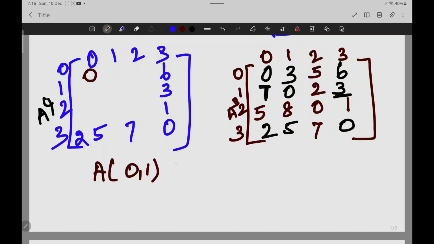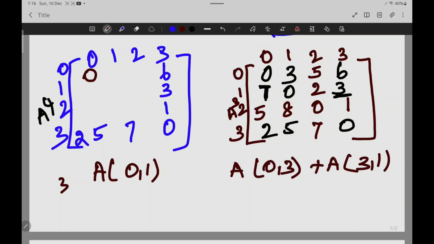Likewise, we need to find the value of A of 0 comma 1 via 3. So A of 0 comma 3 plus A of 3 comma 1. 0, 1, 3 compared with 0, 3, 6 plus 3, 1, 5. Definitely that is the maximum. We can keep the previous, old value.